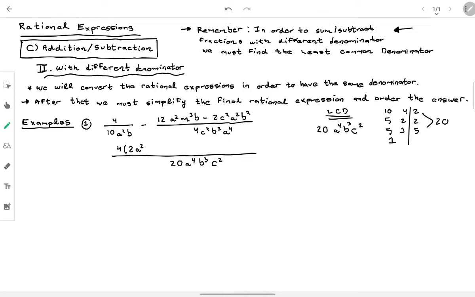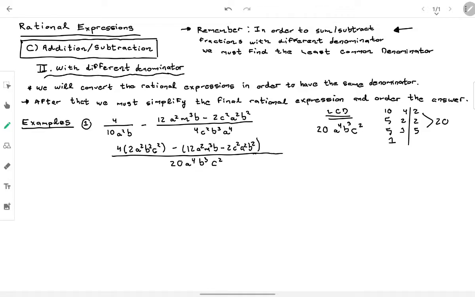B to become B cubed, we need B squared. And we don't have C, so we need C squared in order to become C squared. What happens next? It's going to be minus, and we will have 12 A squared M to the third B minus 2 C squared A squared B squared.